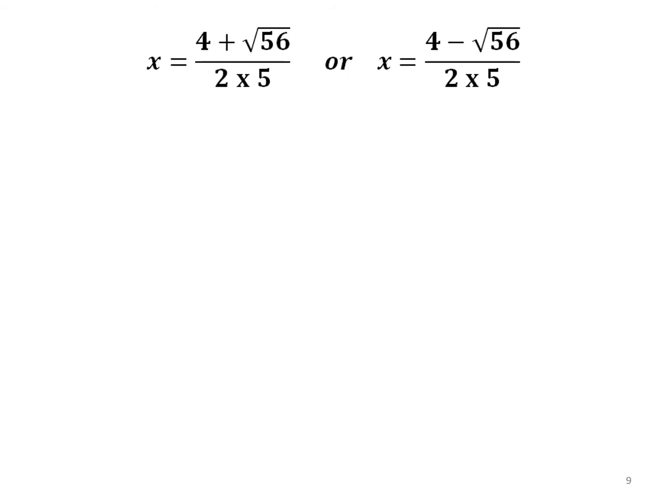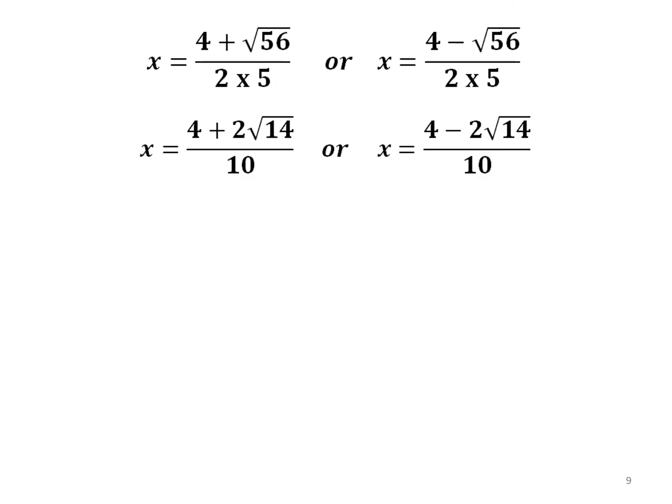upon 2 into 5. 56 is nothing but 4 into 14. So when we take 4 outside, under root the square root of 4 is nothing but 2. So we get 4 plus 2 into root 14 upon 10, or 4 minus 2 root 14 upon 10.